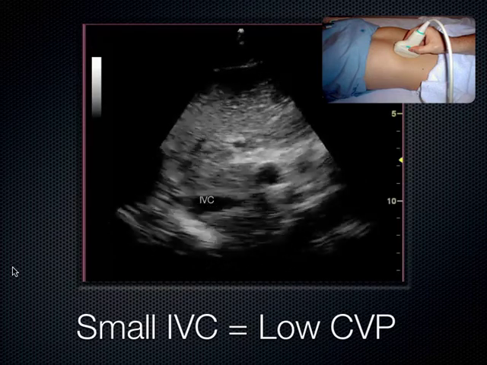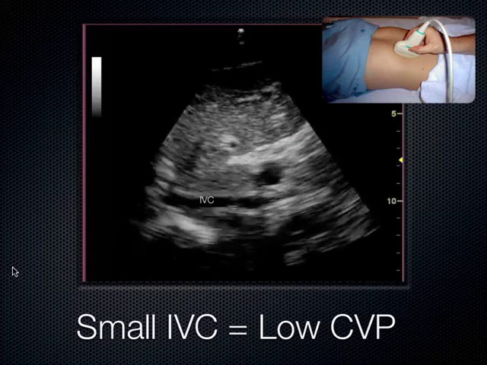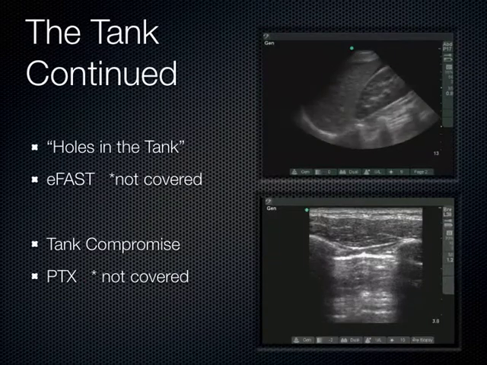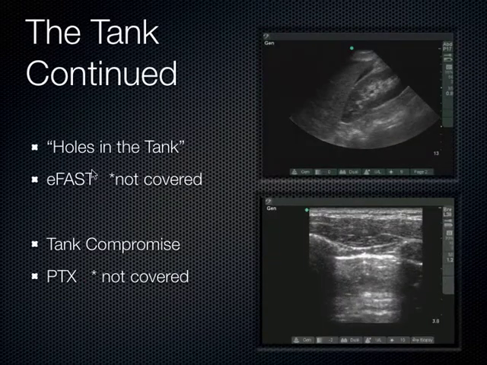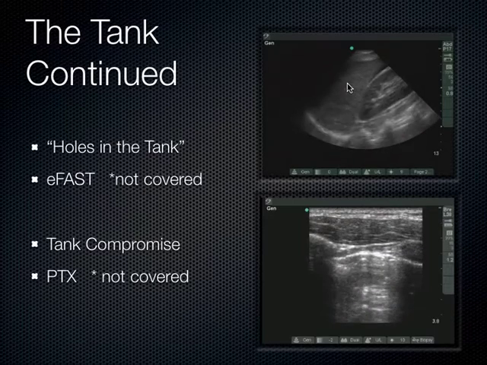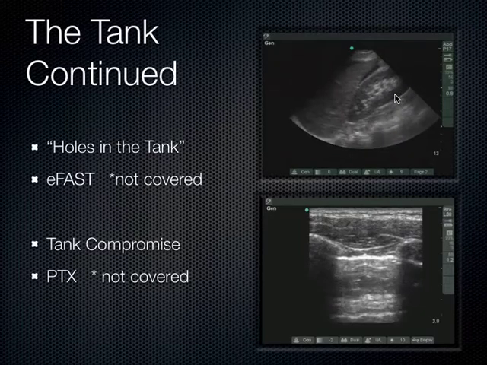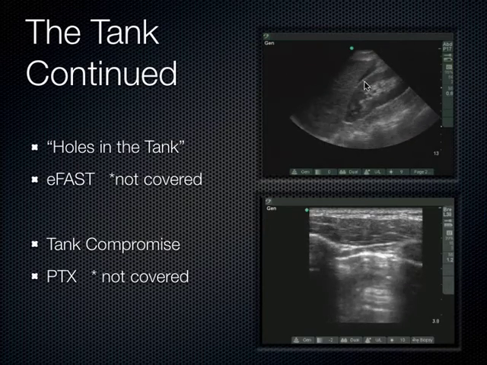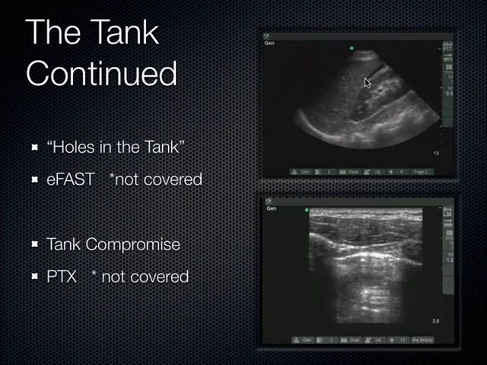The other thing with the tank is, is there a hole in the tank, or is the tank somehow compromised? So if there's a hole in the tank, we can do the FAST exam, and we can look for fluid in between the spleen and the kidney, or between the liver and the kidney. And as I'm sure you're aware, the spleen and the liver look very similar on ultrasound. It's hard for me to tell which side I'm on just by looking at a video.